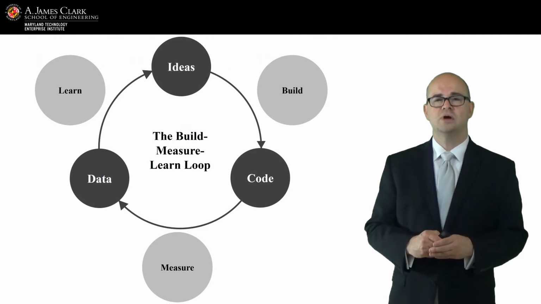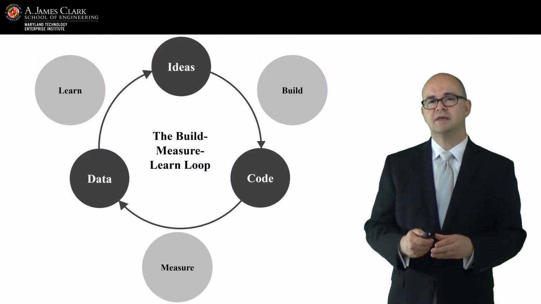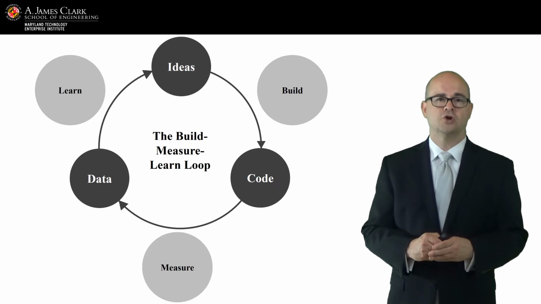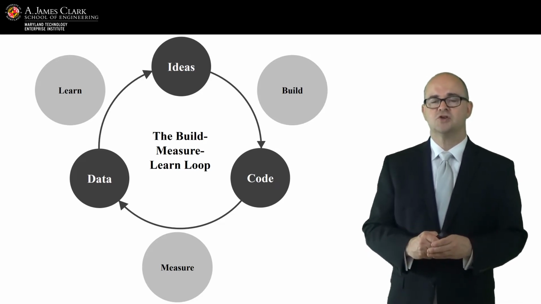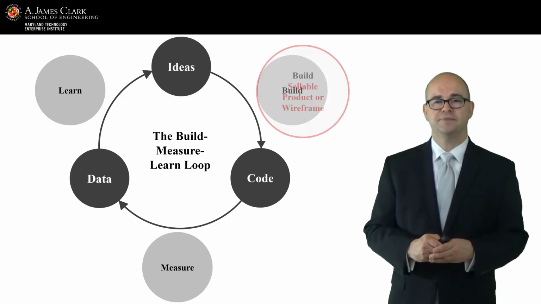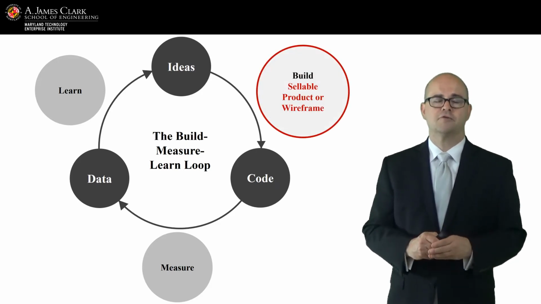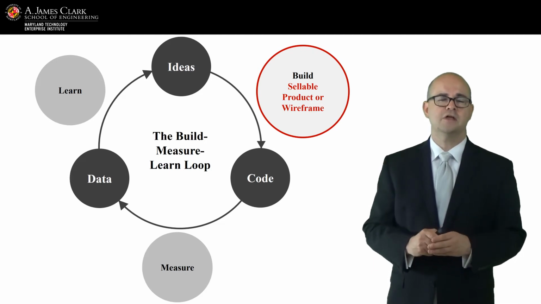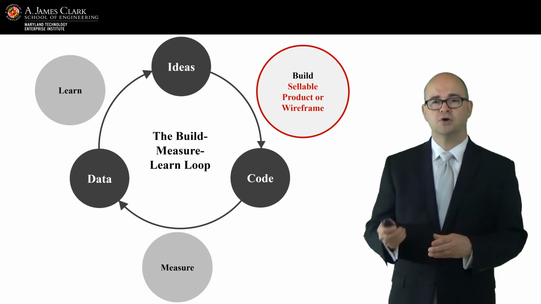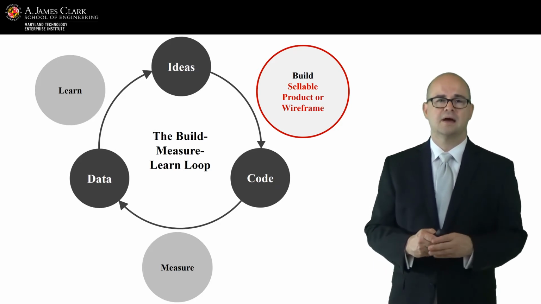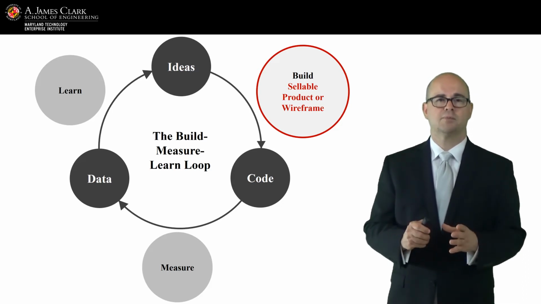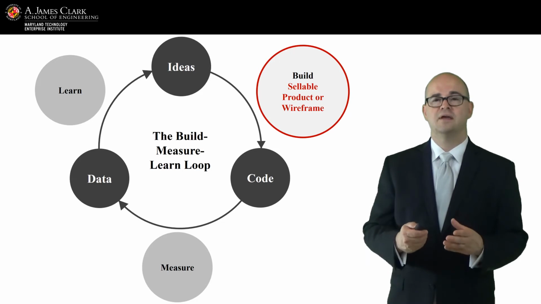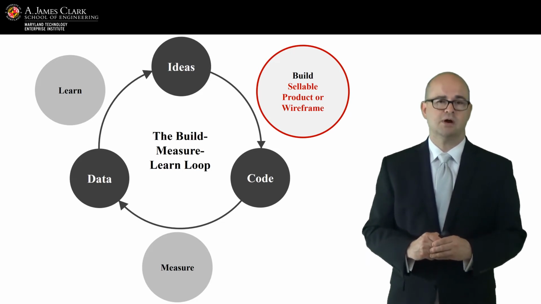What it lets you do as you work through this too is to begin thinking about the build, measure, learn loop that we've talked about briefly before. Now, when we build something, you might think about building a sellable product. That's true, but it's also the wireframe itself. So when you look at this, recognize that you're going to have ideas. You can build those ideas with the code and the complementary data to support it. But you might be building, again, the sellable product or a very high fidelity wireframe or prototype as well.